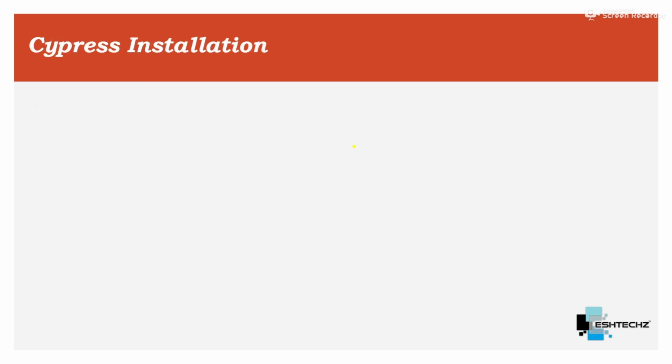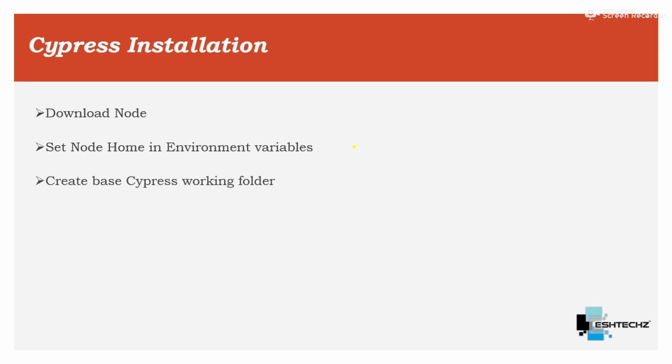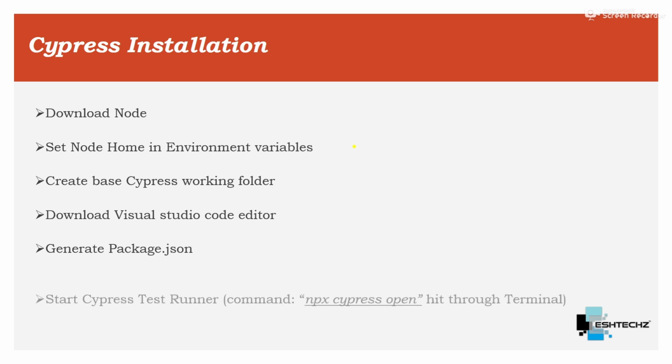In the next video we'll see how to install Cypress. For that we have some prerequisites: we need to download Node, then set Node in the home environment variable, then create a base Cypress working folder, then download Visual Studio Code Editor, which is our IDE where we write the code, then generate package.json.